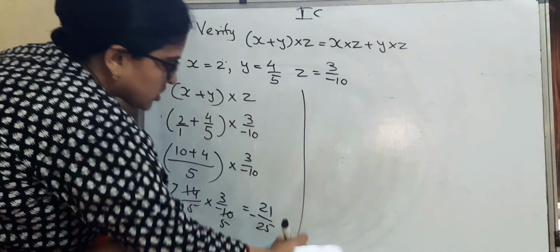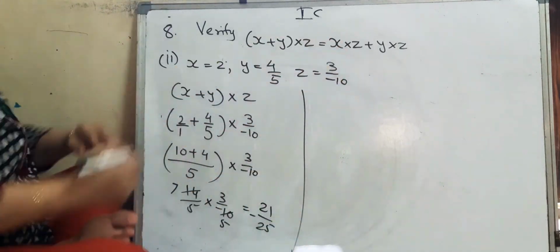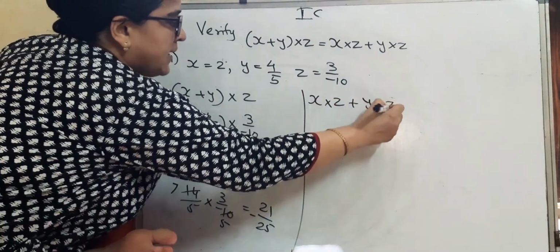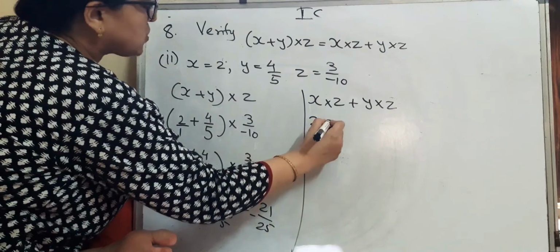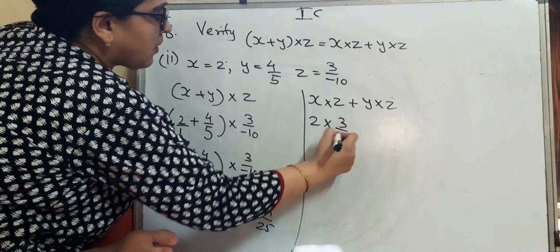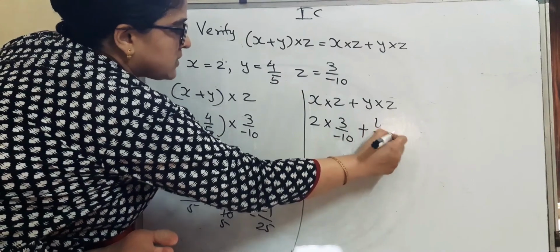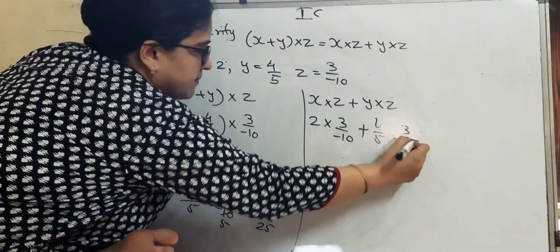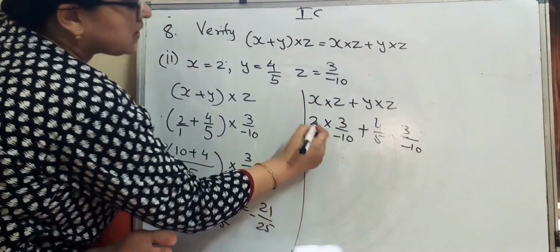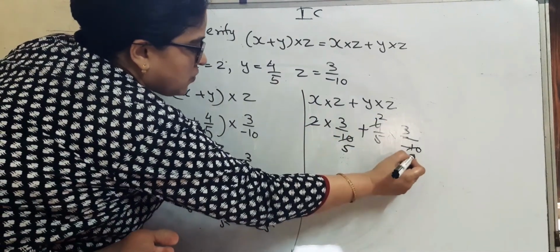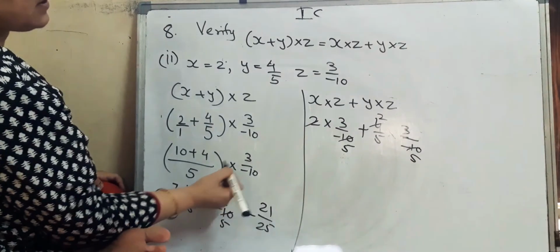This is the LHS. Now you have to prove this: x multiplied by z plus y into z. Value of x is 2 into 3 upon minus 10. Value of y is 4 upon 5 and z value 3 upon minus 10. Now cutting down 5. 2 2s are, 2 5s are, right?